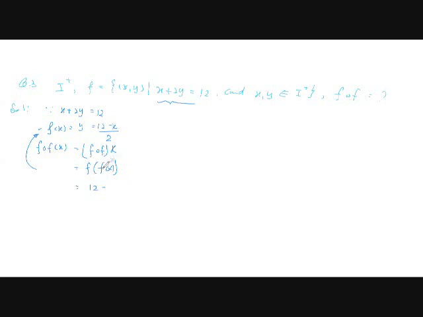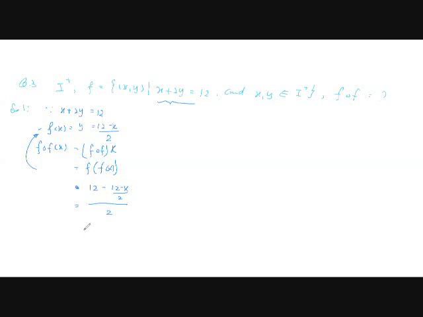F of x is going to be 12 minus x over 2, and over 2 one more time. Okay, then we simplify this one. F of x here is composed in there.